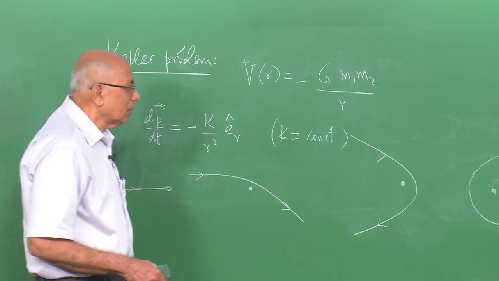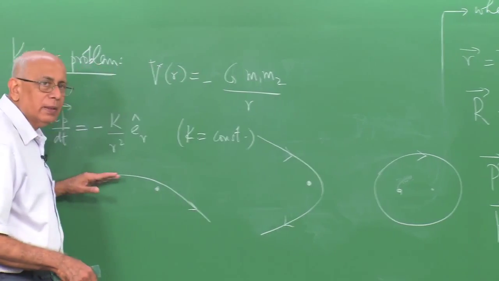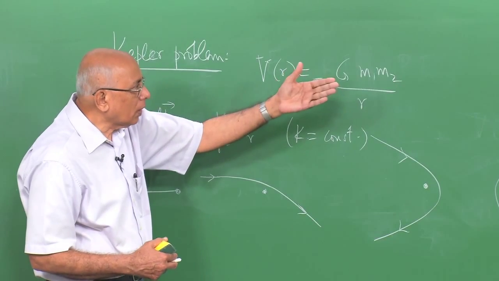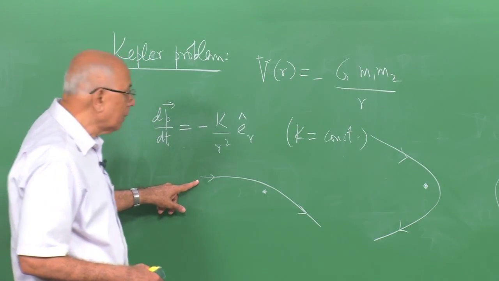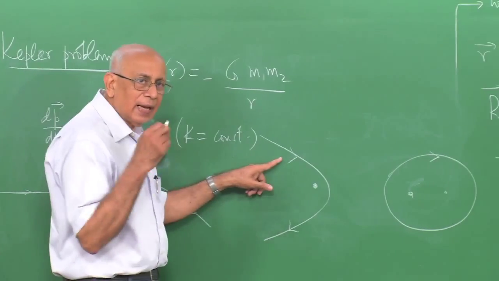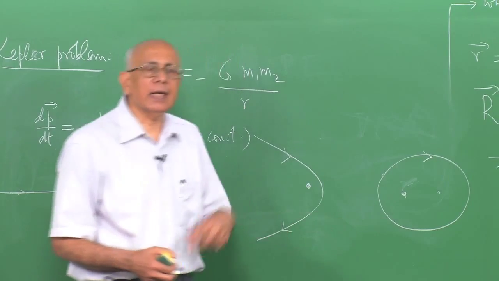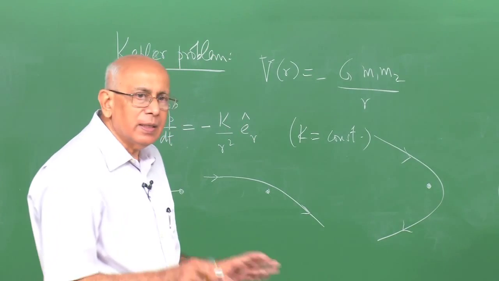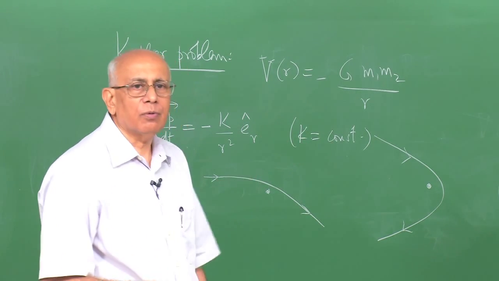So it turns out that in the case of this orbit, the energy of this particle whose coordinate is little r and momentum is p is positive. In this case it is exactly 0, and in this case the energy is negative because it is a bound orbit.